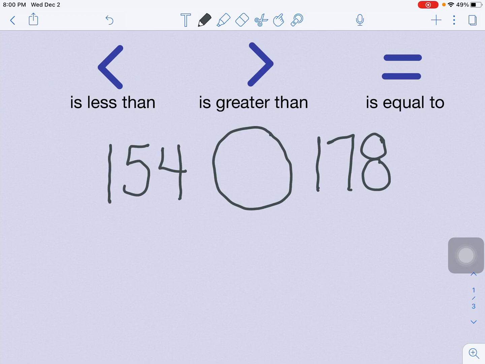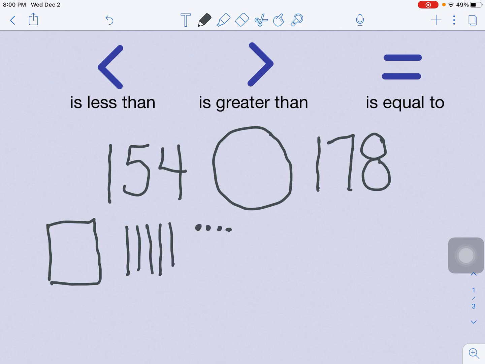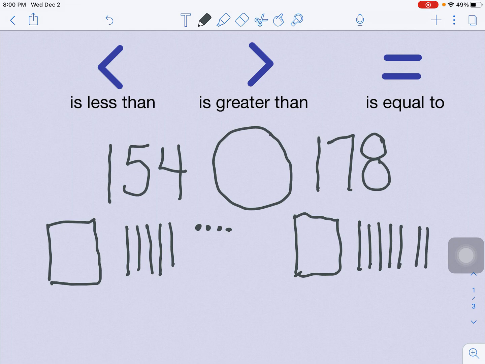So let's just go ahead and draw this out so we can see this. We have 100, 10, 20, 30, 40, 50, and 4. We have 100, 10, 20, 30, 40, 50, 60, 70, 71, 72, 73, 74, 75, 76, 77, and 78. Okay, so when we look at that, we know they both have a 100 like we were just talking about.